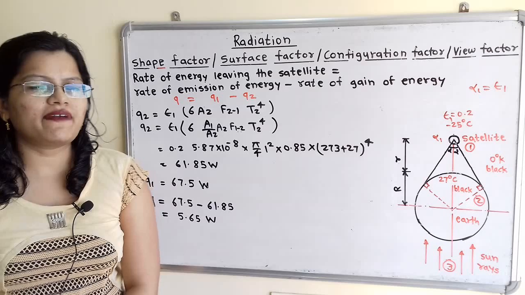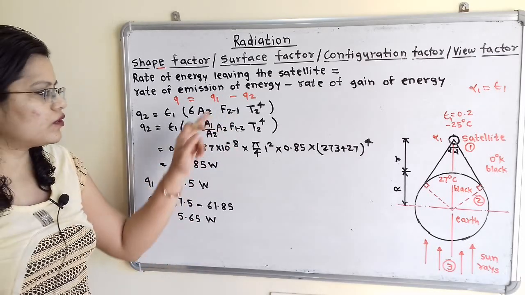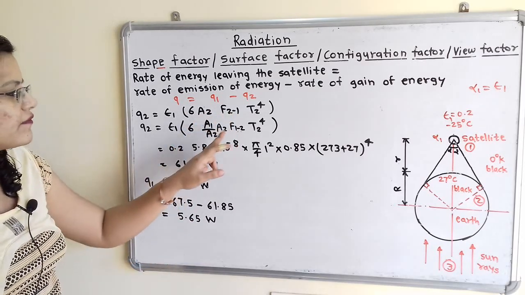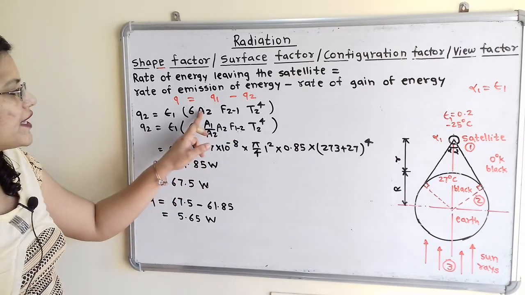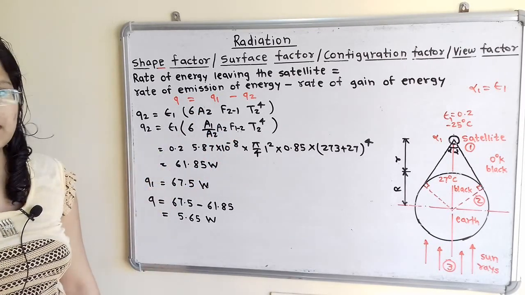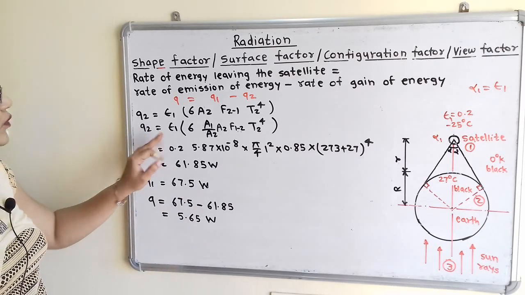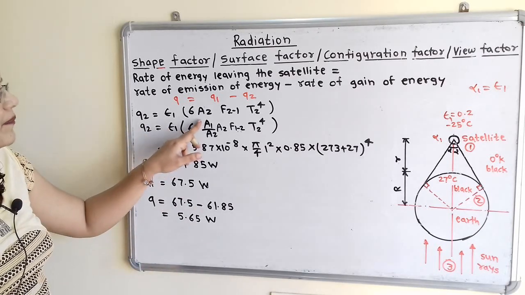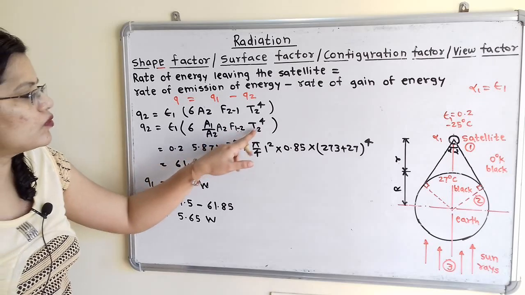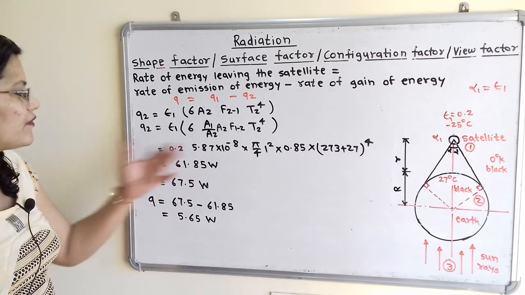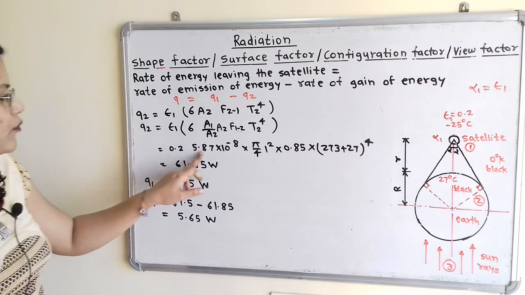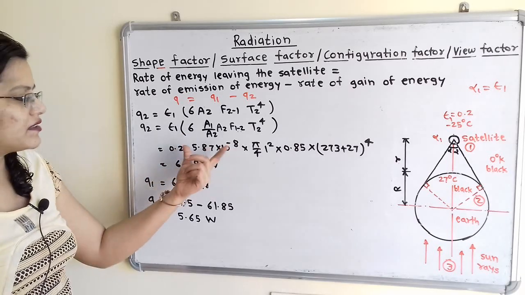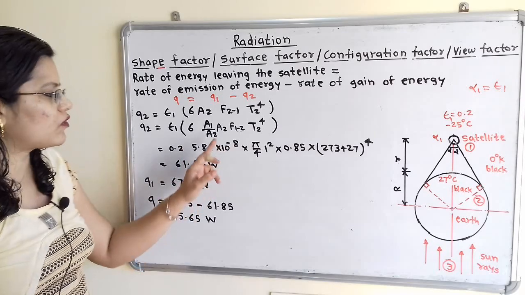Now we will put the value for F of 2 to 1. So F of 2 to 1 is equal to A1 by A2 F of 1 to 2. Now this A2 and A2 are getting cancelled. So what is the equation? Q2 is equal to epsilon 1 sigma A1 F of 1 to 2 T2 raised to 4. Now we will put the values. So epsilon 1 is 0.2, sigma is 5.67 into 10 raised to minus 8, the Stefan-Boltzmann constant.